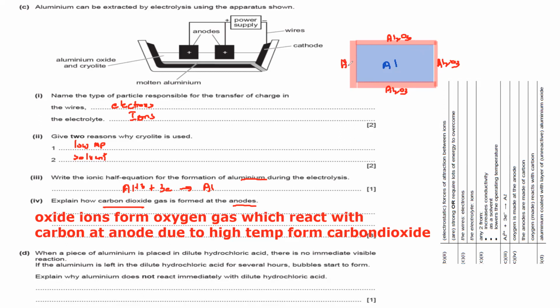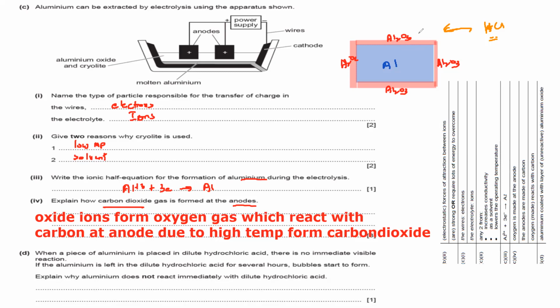So that's why when we add hydrochloric acid to a piece of aluminium, it does not react. Why does it not react? Because it has a protective oxide layer. So aluminium is coated with the unreactive aluminium oxide. That's why the hydrochloric acid does not react immediately.